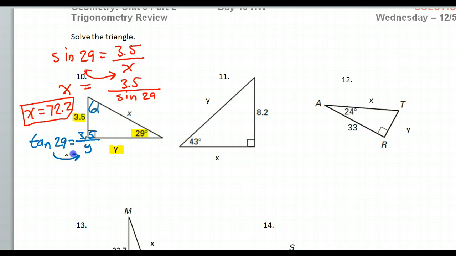Again, when the variable is in the denominator, I will do the reversal. So this is going to give me y equals 3.5 over tangent of 29. And I will put that in the calculator. And that is 6.3.